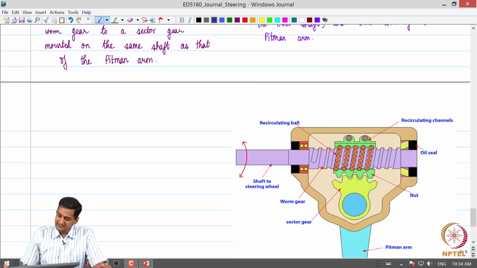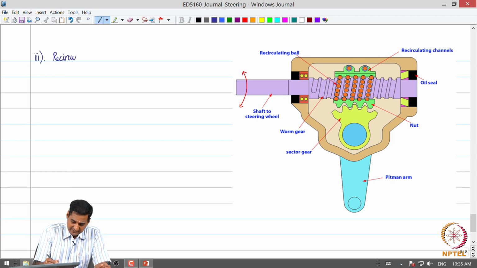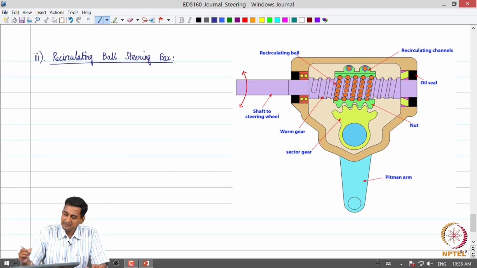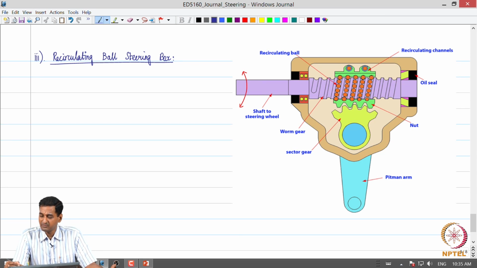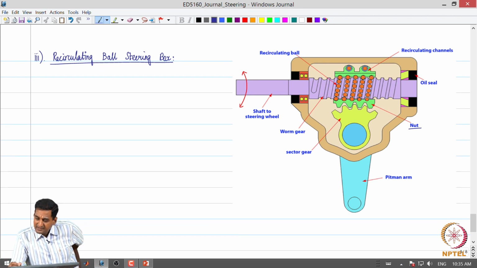So, this is the third type of the steering box in a Pinion arm type steering, what is called a recirculating ball steering box. So, when the motion is transmitted to the worm gear, we can see that there is a nut, what is called a ball nut, which is meshed with this worm gear.